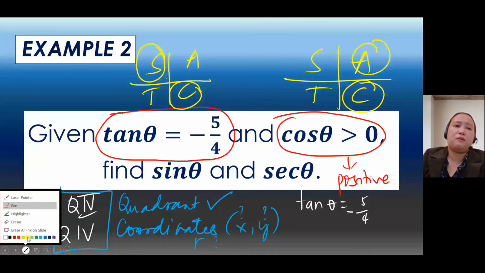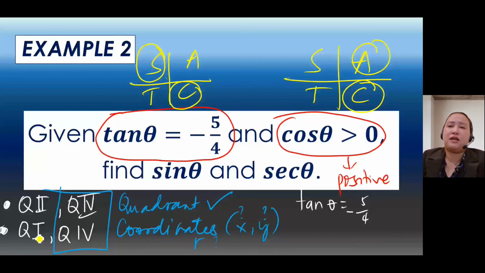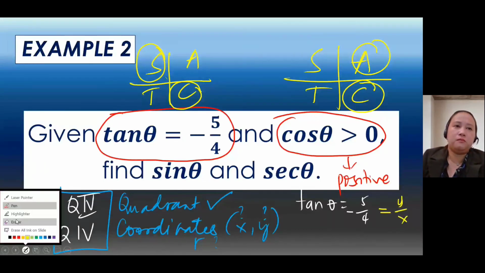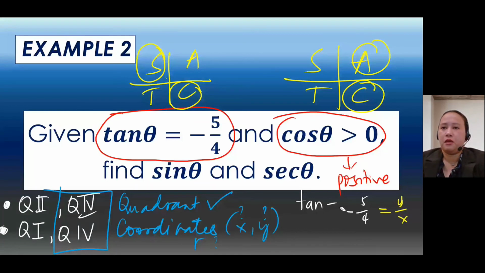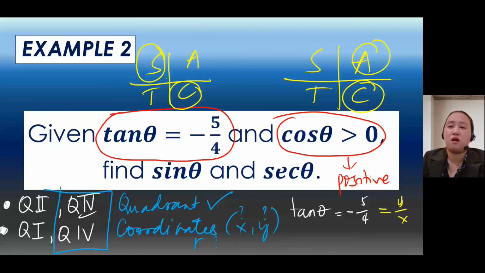Remember that tangent theta is y over x. So tangent theta equals -5/4 equals y over x.